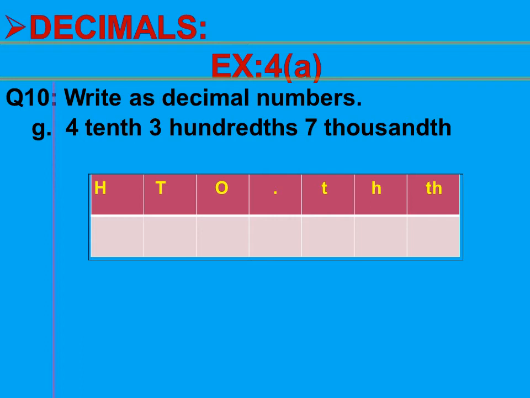Then we will write point in the column of point, 4 in the column of tenths, 3 in the column of hundredths, 7 in the column of thousandths. Dear students, we have no digit for ones, so we will simply put 0 for it. And at the end we will get our required decimal number, 0.437.